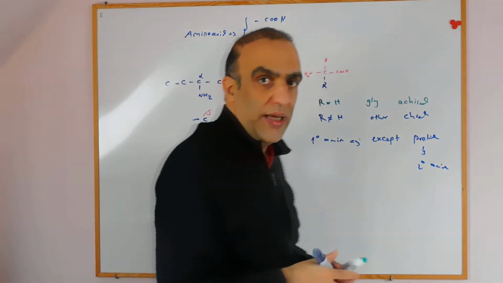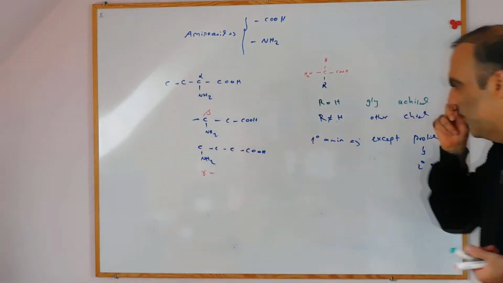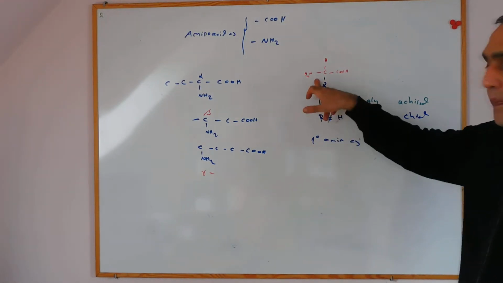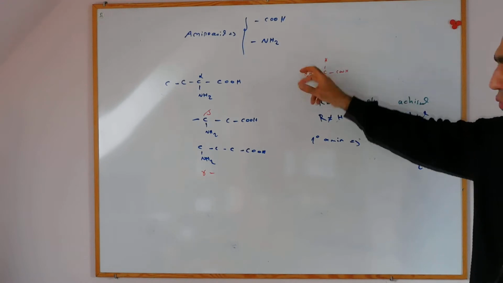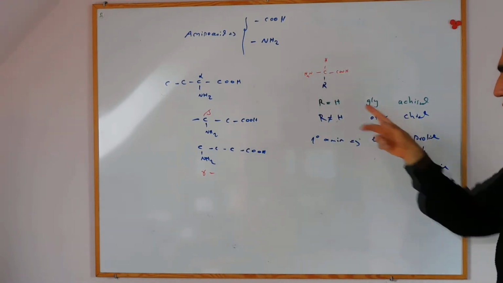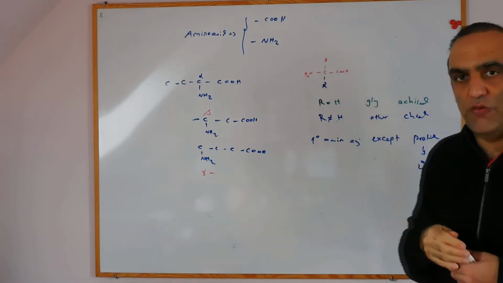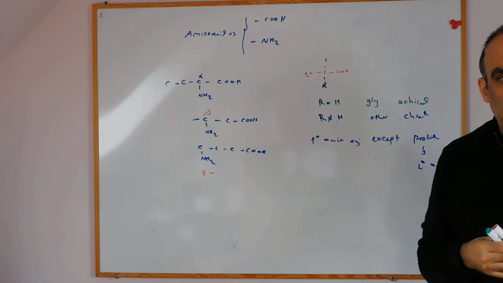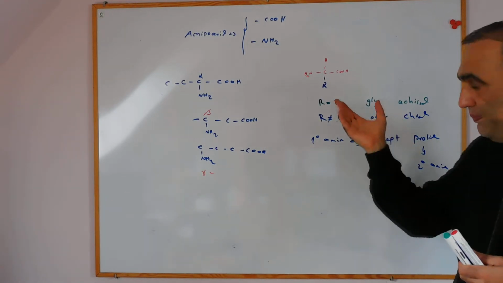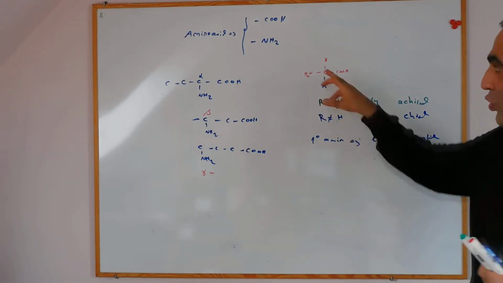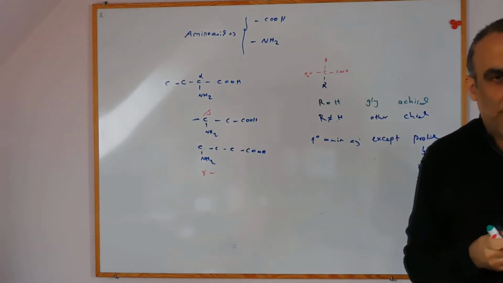It's very important, as you see here, the position of the amine is important. If it is bound to just one carbon, as you see here, it's alpha. But in proline it is different. We have two carbons bound to the amine group.